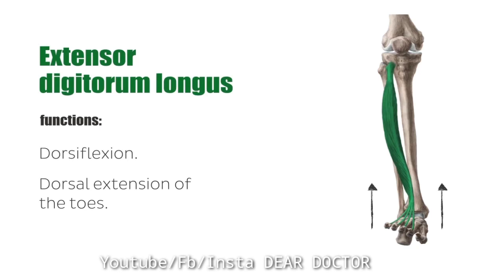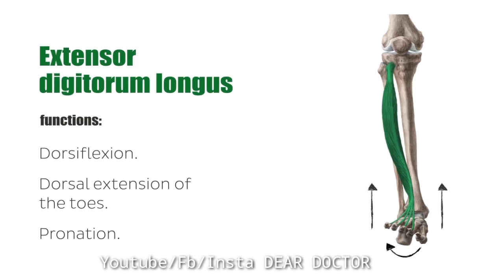And in opposition to the tibialis anterior that causes supination, the extensor digitorum longus muscle produces pronation, seen here represented by this arrow. Pronation, or eversion, is what we call this, basically the opposite of supination as we've seen on the tibialis anterior.